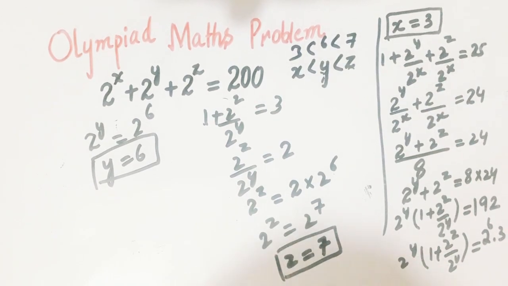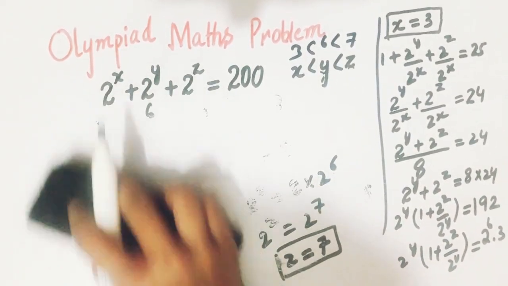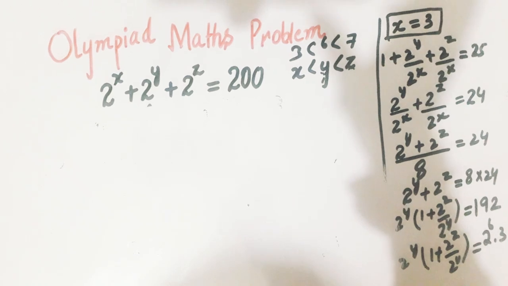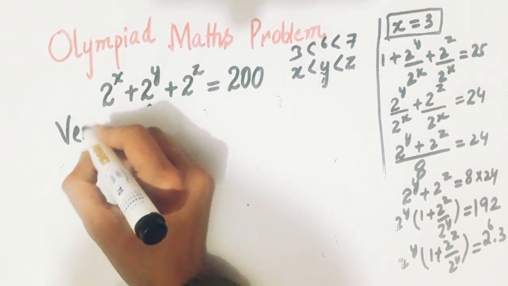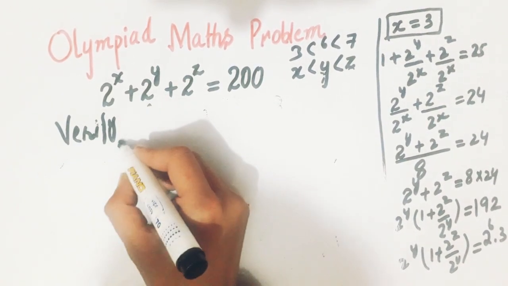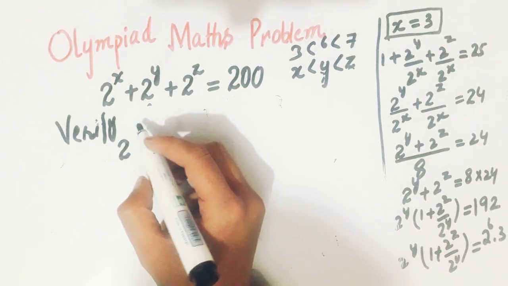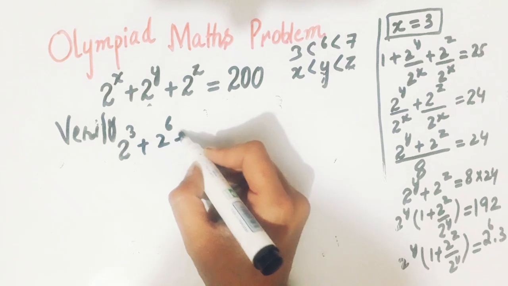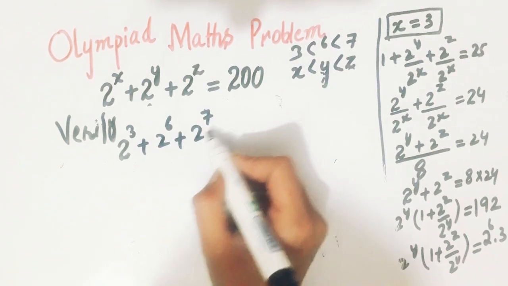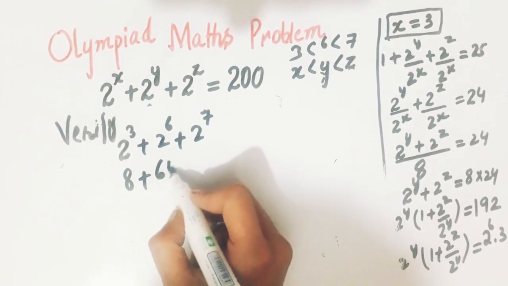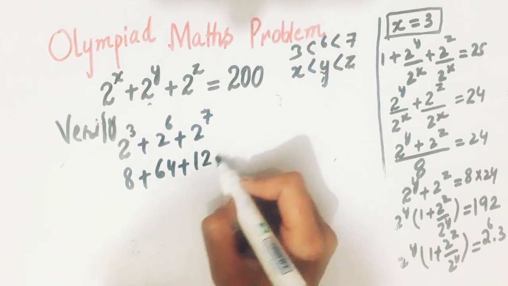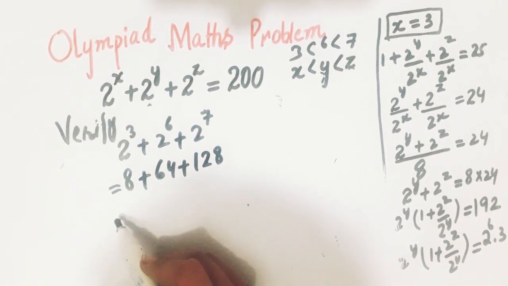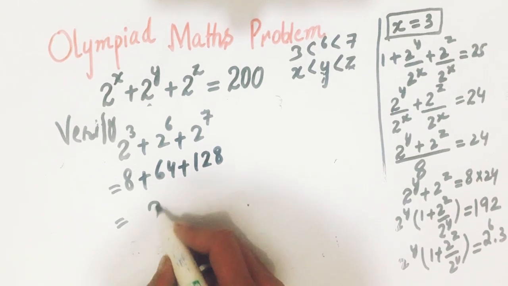So now we will do the verification of whether our answer is correct or not. 2 raised to power x means 2 cubed, 2 raised to power y means 2 to the 6, and 2 raised to power z means 2 to the 7. That is 8 plus 64 plus 128, which equals 200.